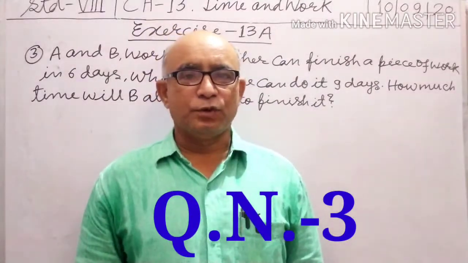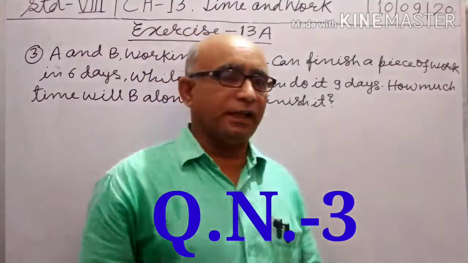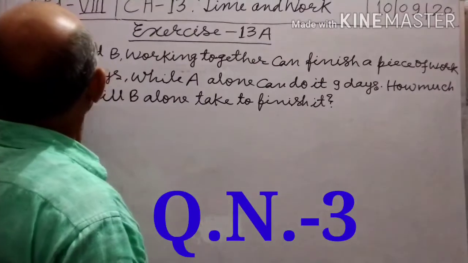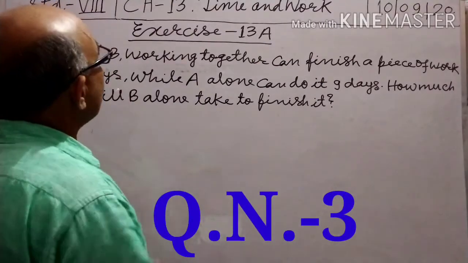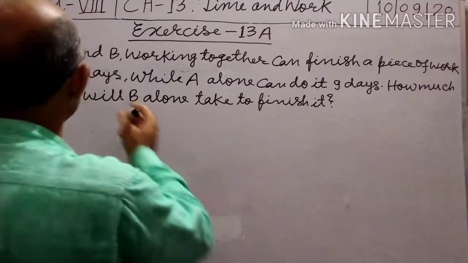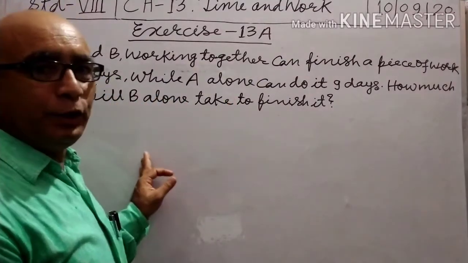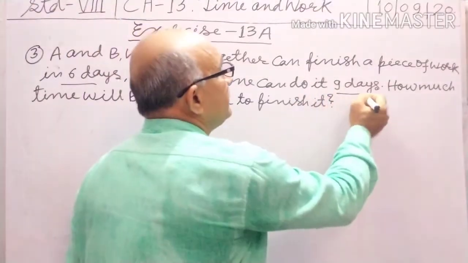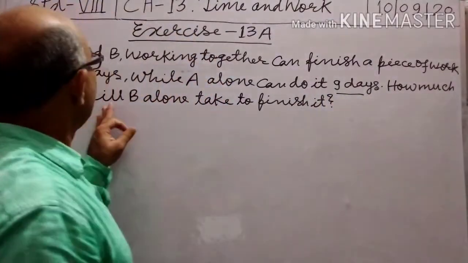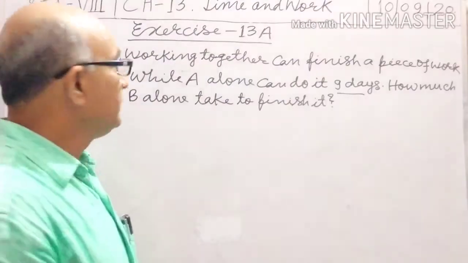Students, next question is question number 3 of exercise 13A. In this question, A and B working together can finish a piece of work in 6 days, while A alone can do it in 9 days. How much time will B alone take to finish it?